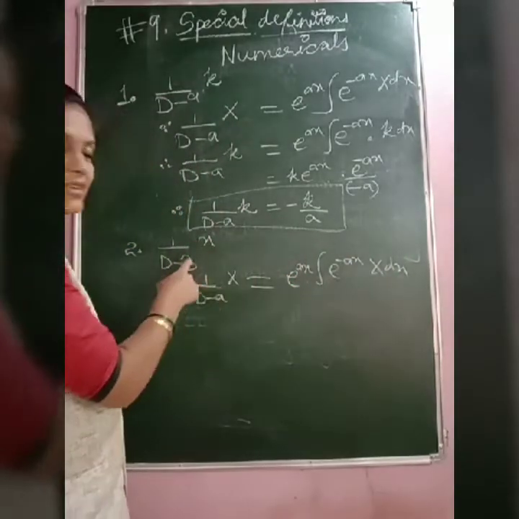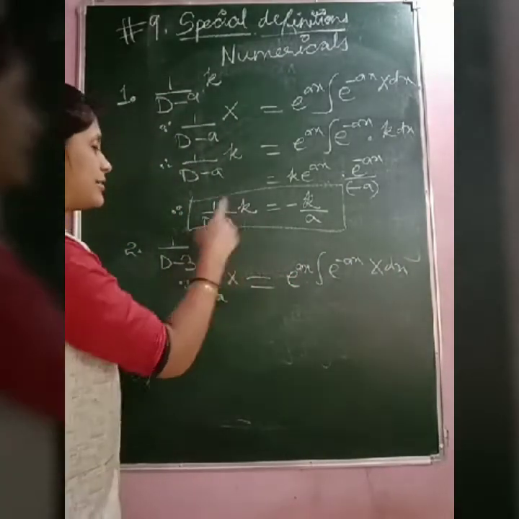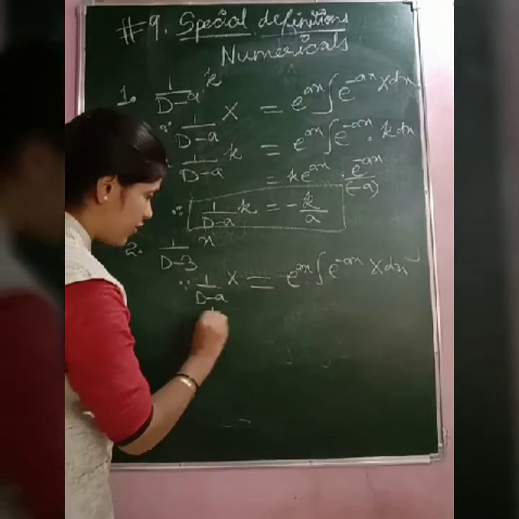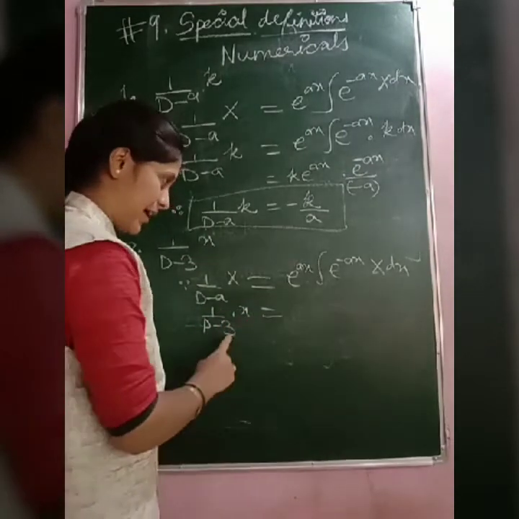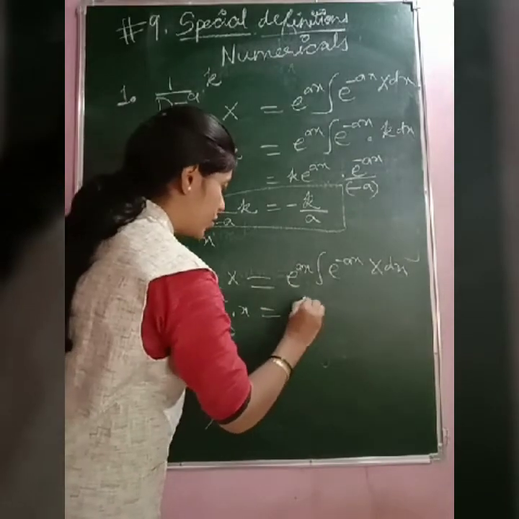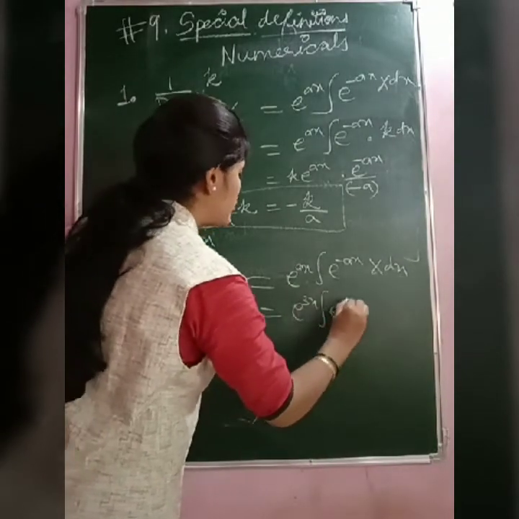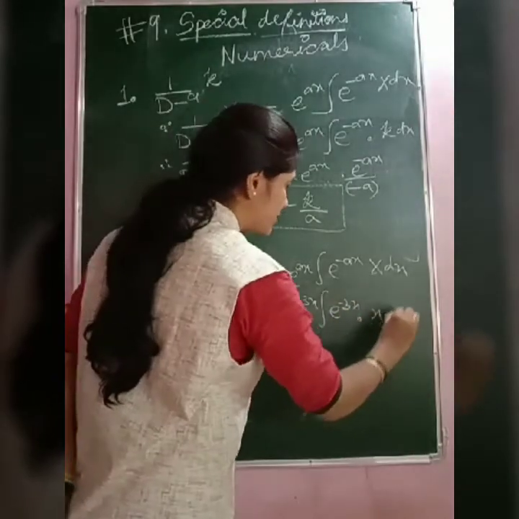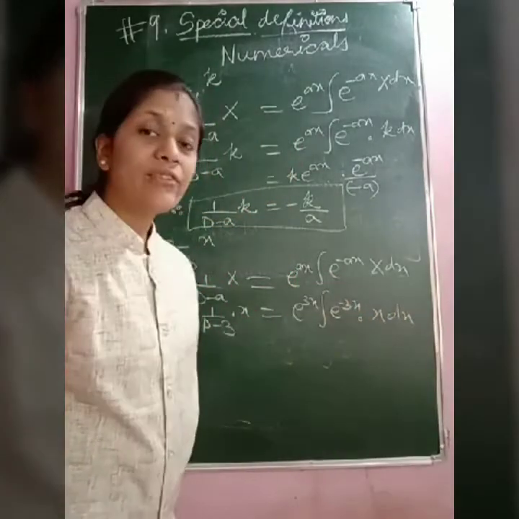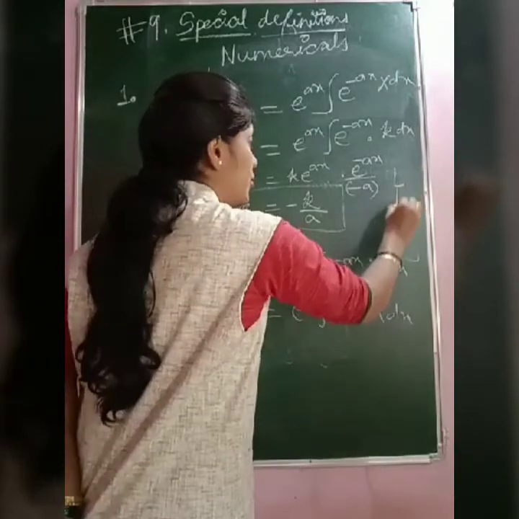Here a is nothing but 3, capital X is nothing but small x. So 1 by D minus 3 of x can be written as e raised to 3x, integration e raised to minus 3x, and what about capital X? x dx.